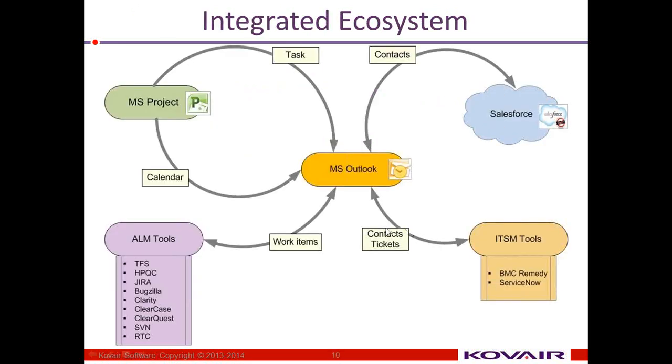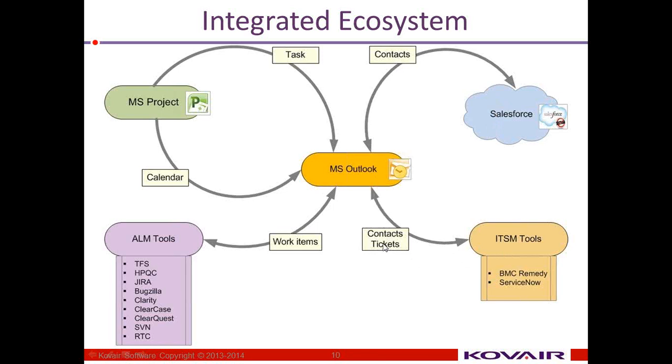So this is a graphical one showing you how Outlook plays the role of a central tool while connecting the different other ALM tools and ITSM tools, like Salesforce being a CRM tool. The contacts are getting synchronized.